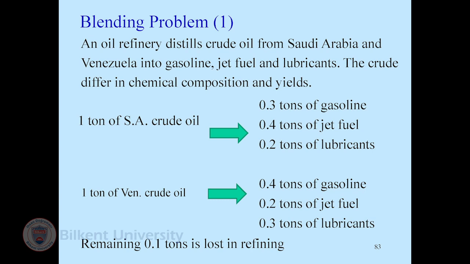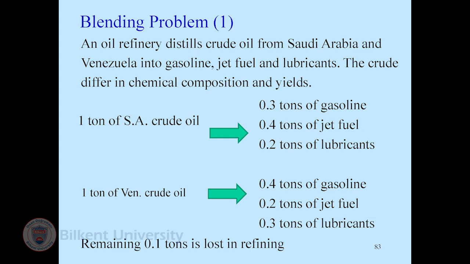All right. But we're a refinery, yeah? So we're going to change them. We're going to refine those crude oils and form gasoline, jet fuel, or lubricant. Now, for each ton of Saudi Arabia oil, we're getting 0.3 of gasoline, 0.4 of jet fuel, and 0.2 of lubricant. Fine.